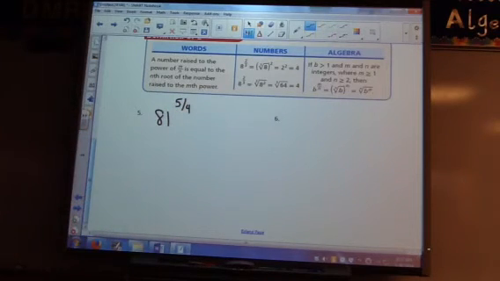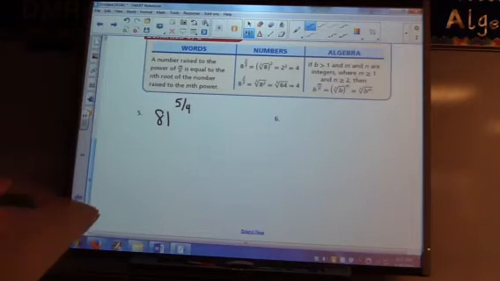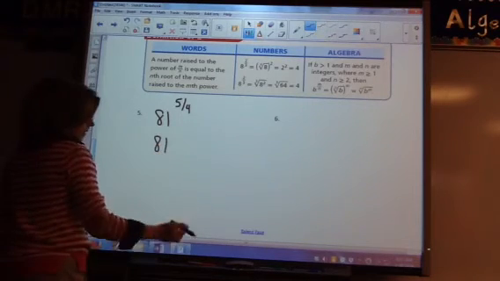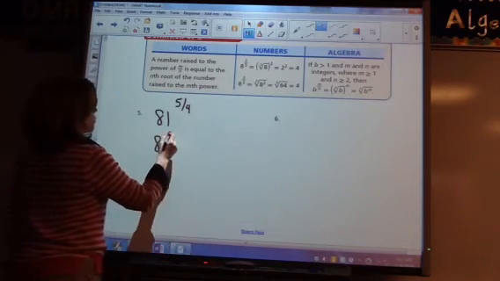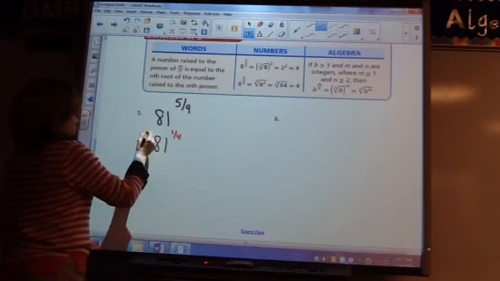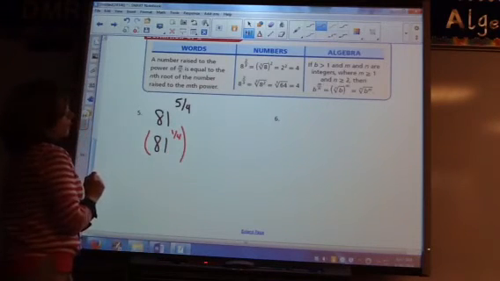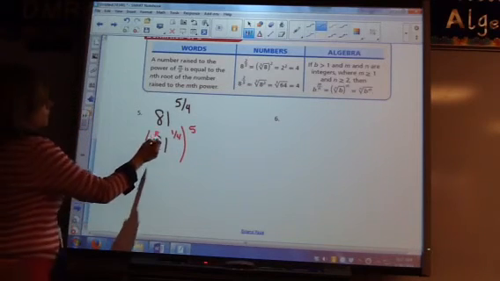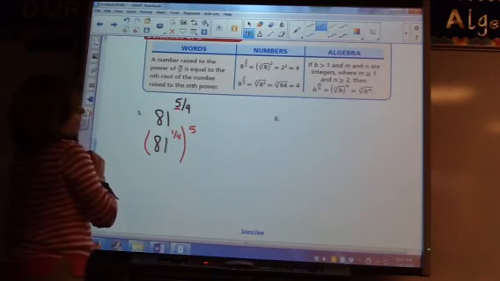81 to the 5/4. Okay, what I like to do is I like to change it to 1/4. So if I change that to 1/4, I'm going to raise that all to the power of 5, because 1 times 5 will give me this 5.